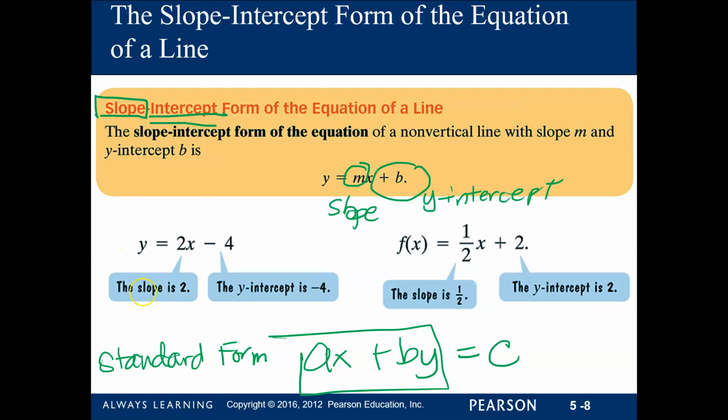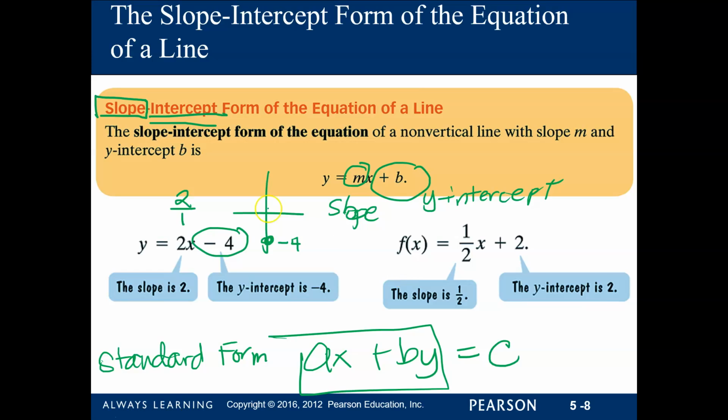So for example, here in this case, y is equal to 2x minus 4. You have a slope of 2, meaning you go 2 up and then 1 to the right. And then your y-intercept is at -4, meaning on your y-axis, you have a point at -4. That's what it means.